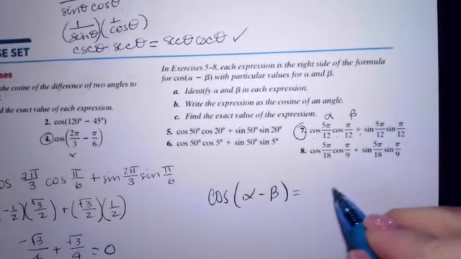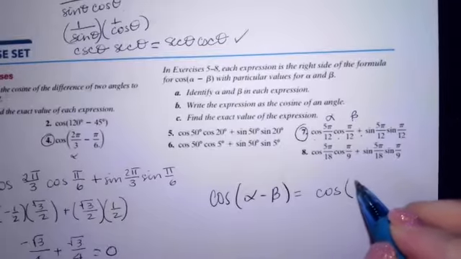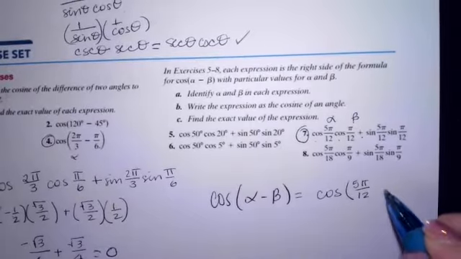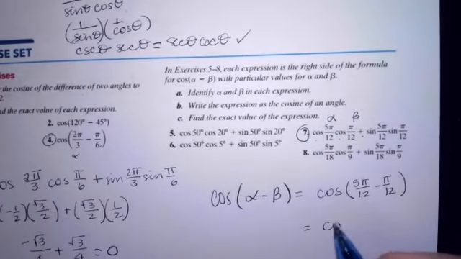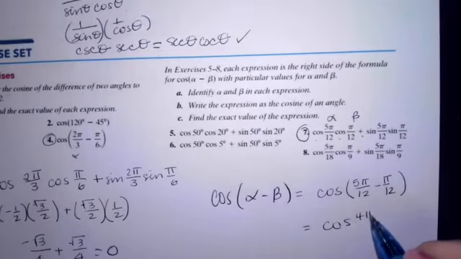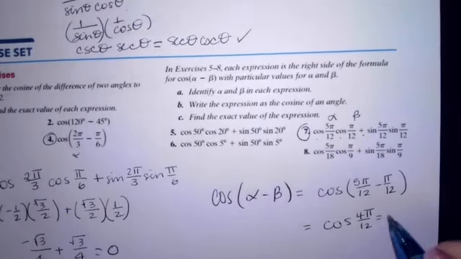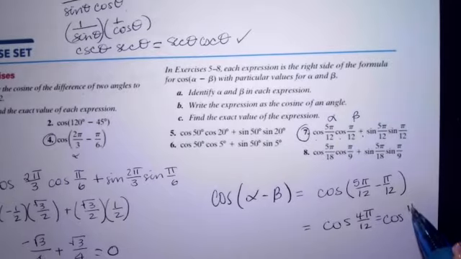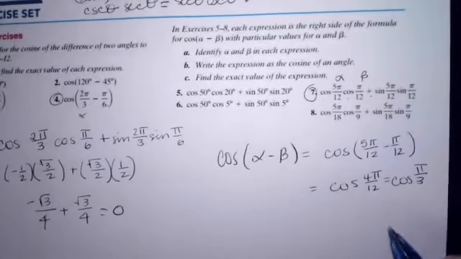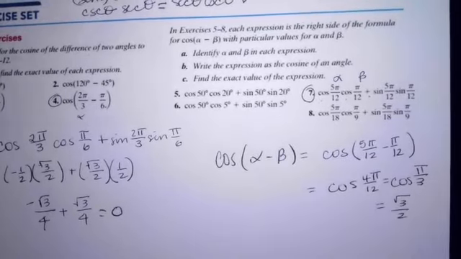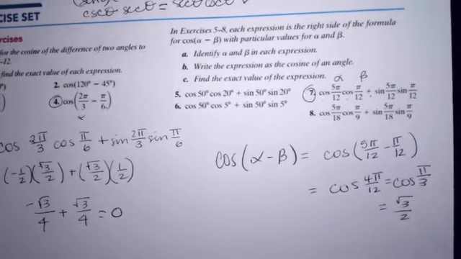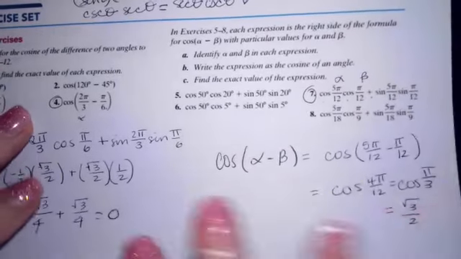So this is cosine 5 pi over 12 minus pi over 12. This is going to be cosine of 4 pi over 12, which is cosine of pi over 3. And then the cosine of pi over 3 is just root 3 over 2. Okay, moving on.